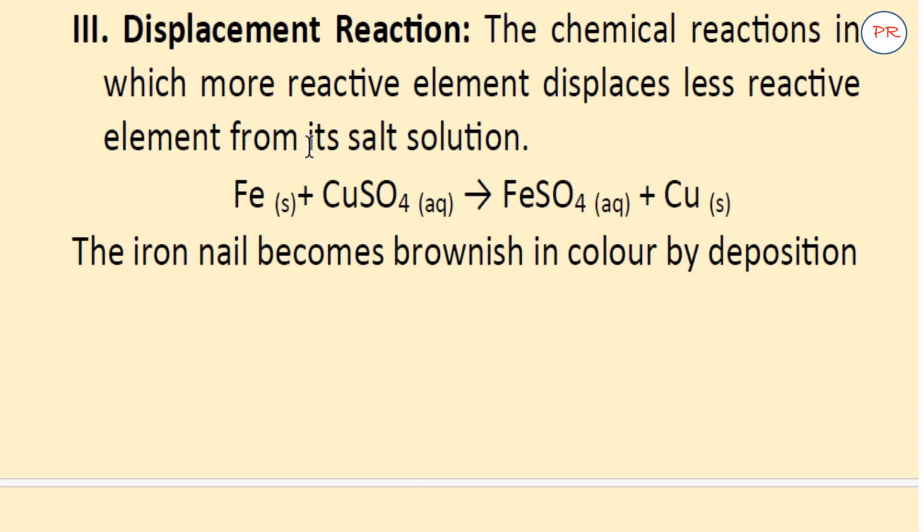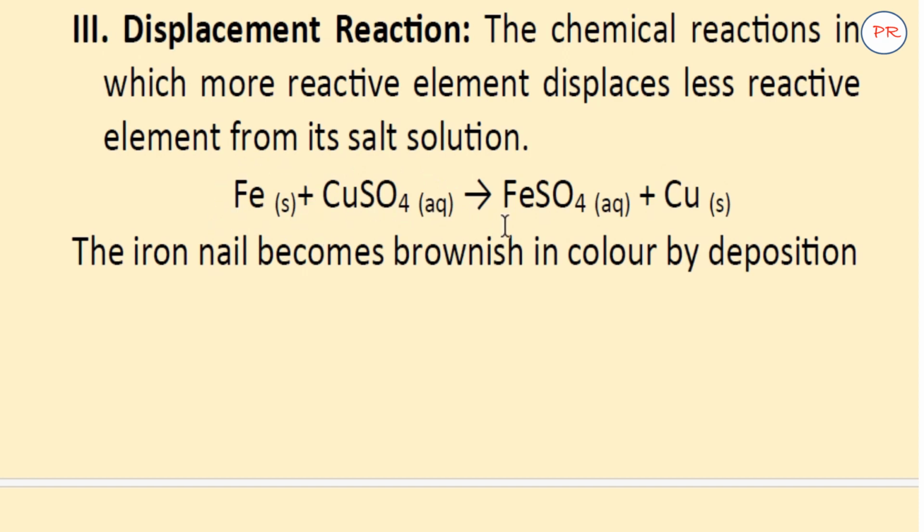For example, Fe solid, Fe माने iron, Fe solid plus CuSO4 aqueous, this is copper sulfate, will give you FeSO4 aqueous plus Cu solid. So very important, in a test tube you have to take a copper sulfate solution. In that you have to put an iron nail.